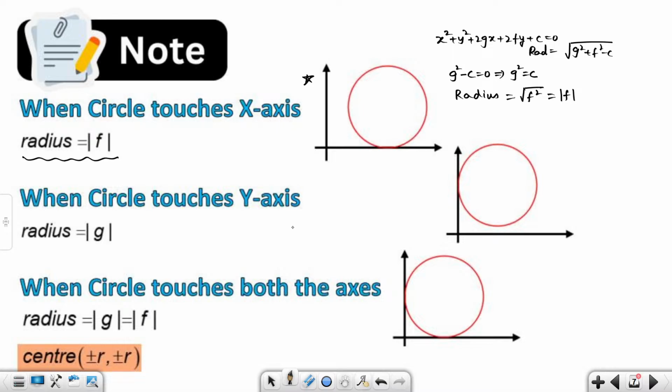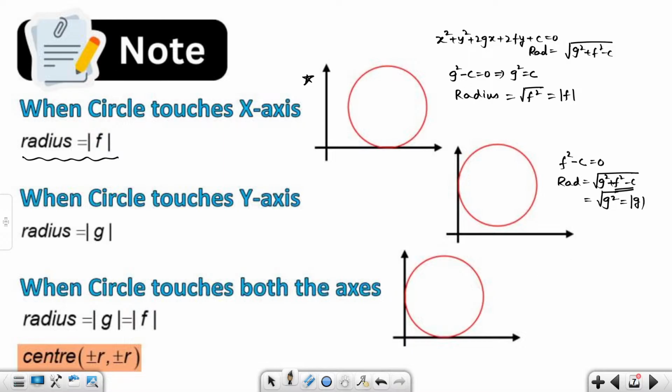Clear? When the circle is touching the y-axis, then f square minus c will be equal to 0, which is the condition we have just learned. So in that case, what will be your radius? Root over g square plus f square minus c, but f square minus c is 0, that gives us root over g square, which gives us nothing but mod of g.